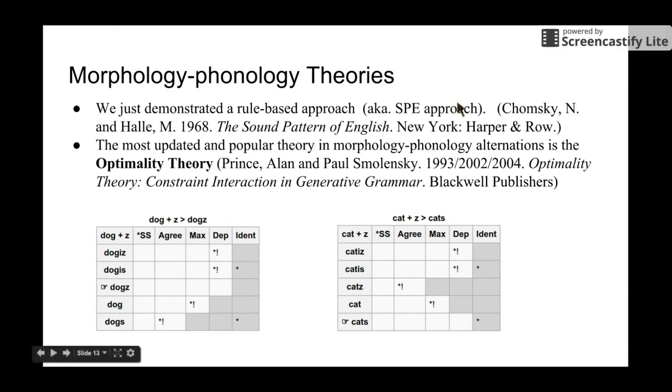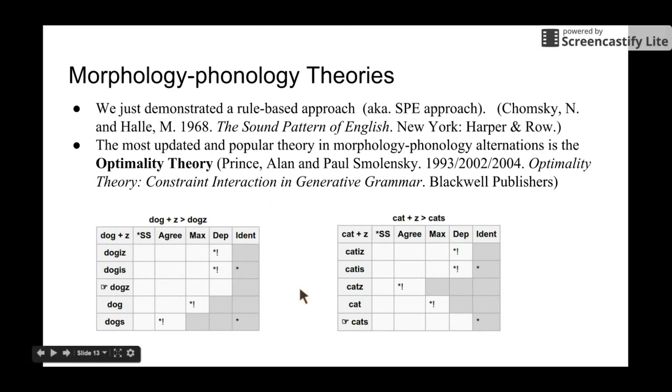This is like the old style of doing morphological analysis. The most updated and most popular theory nowadays is called optimality theory, but we are not going to talk about optimality theory here. It's also known as OT.